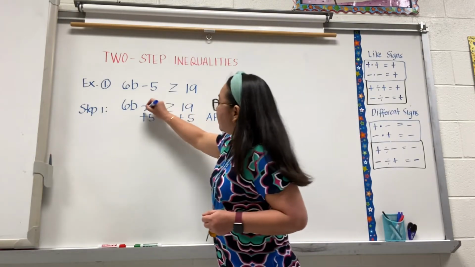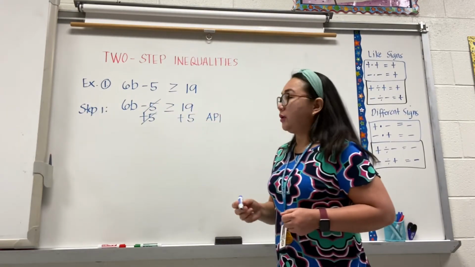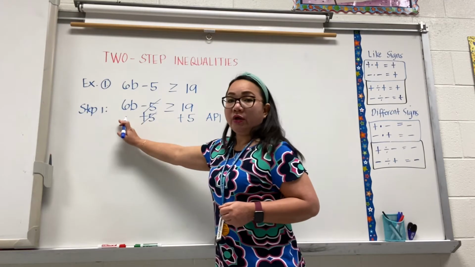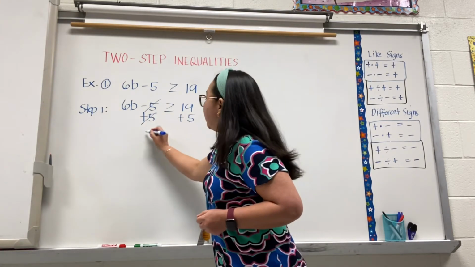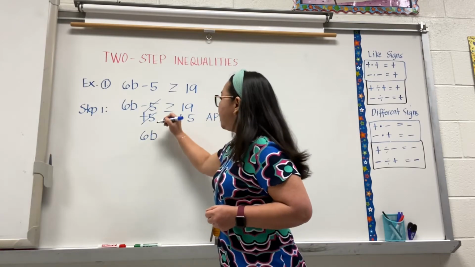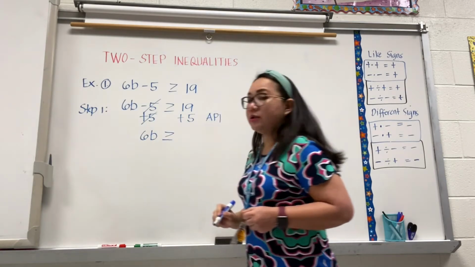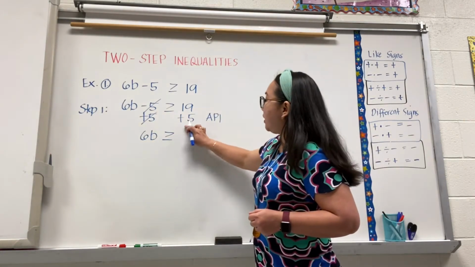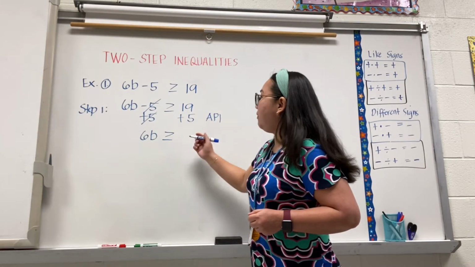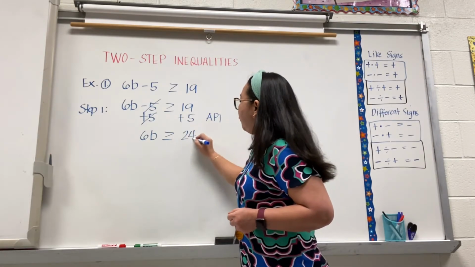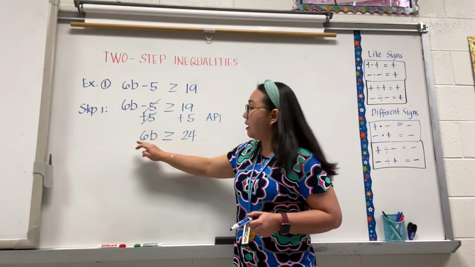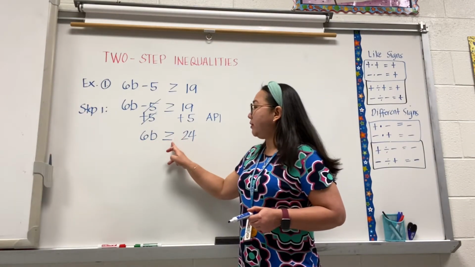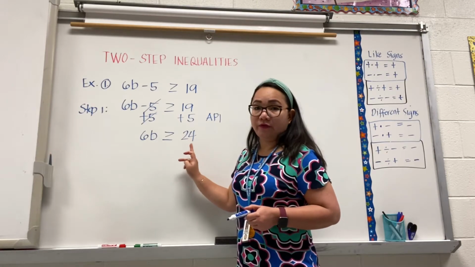So we will cancel this out and cancel that out. The remaining term at the left side of the inequality is 6b. The symbol is greater than or equal to. And then work on this. 19 plus 5 is 24. Now the new inequality is 6b is greater than or equal to 24.